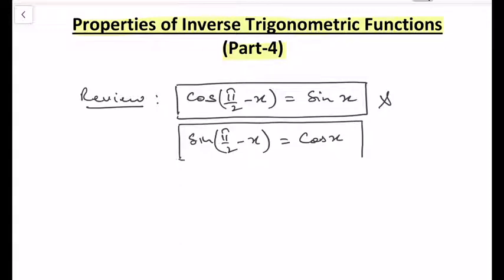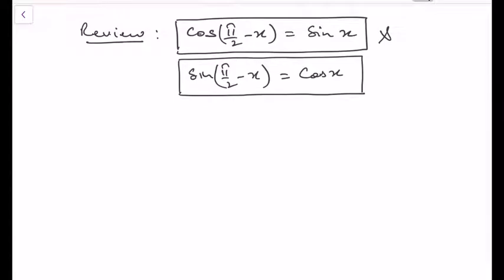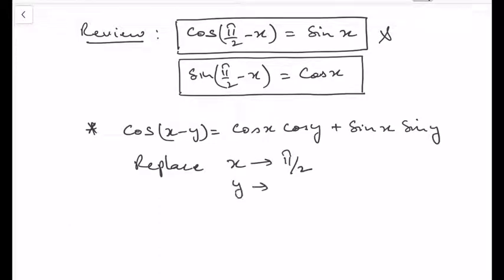So to prove the first property, apply cos(x - y), and as we know, cos(x - y) is cos x cos y plus sin x sin y. So we just need to replace x with pi/2 and y with x to get cos(pi/2 - x).